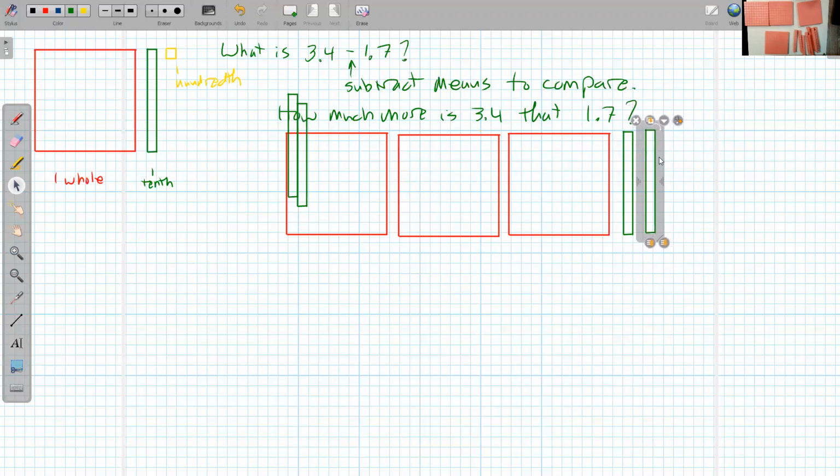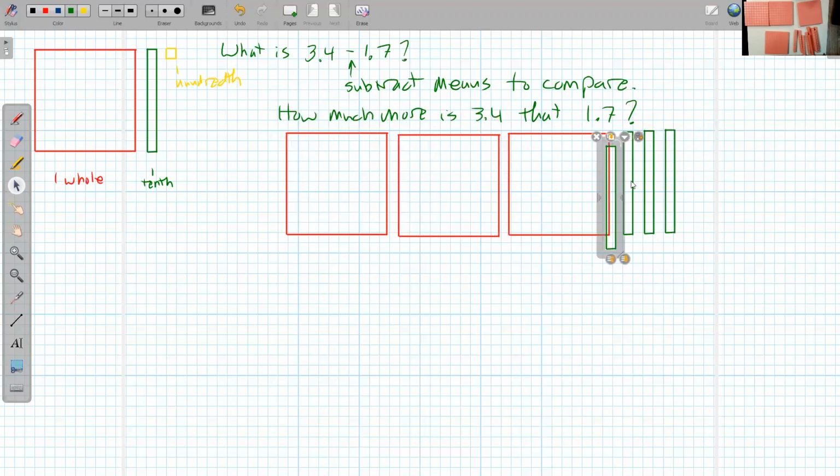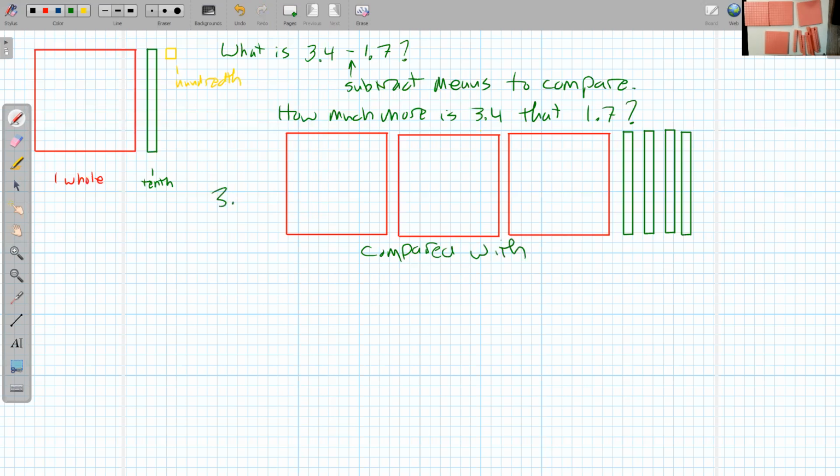So either you've got to get something to play with, actual blocks, virtual blocks, or you've got to draw them out on paper. So here I pre-drew a couple so that they're to the right scale. So there's my 3 and 4/10. I want to compare that with my 1 and 7/10.